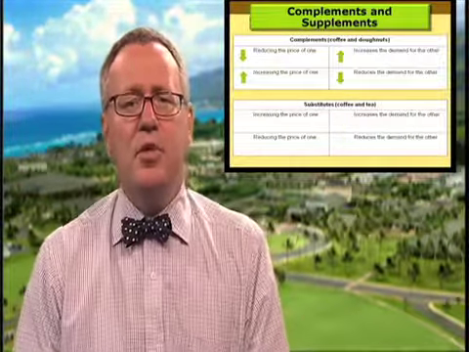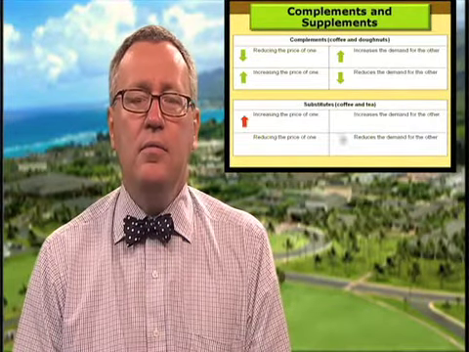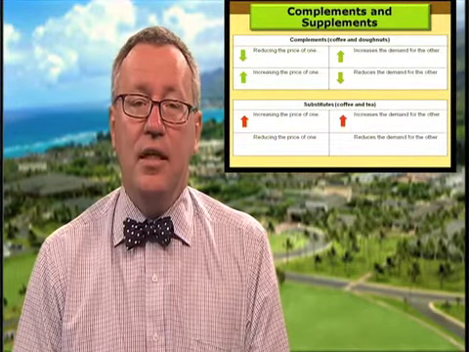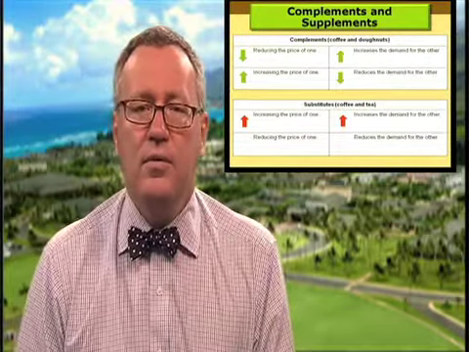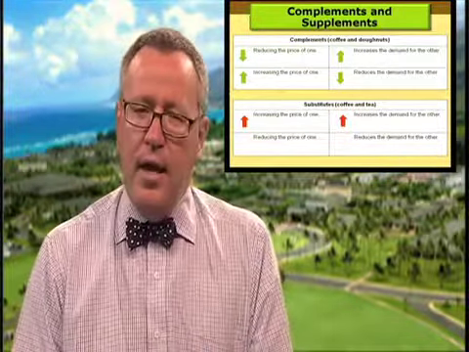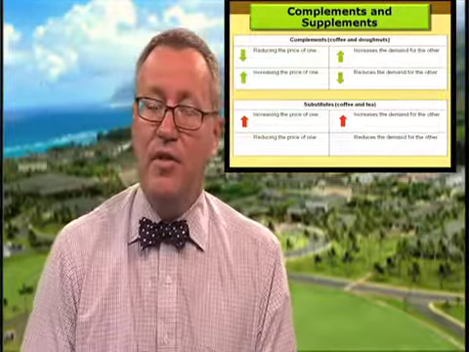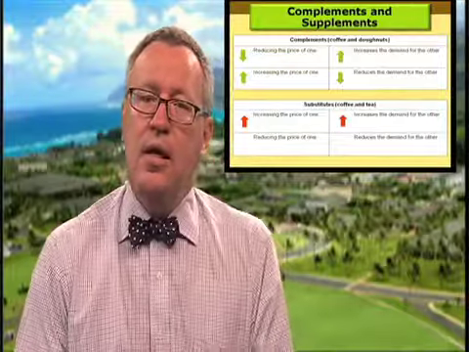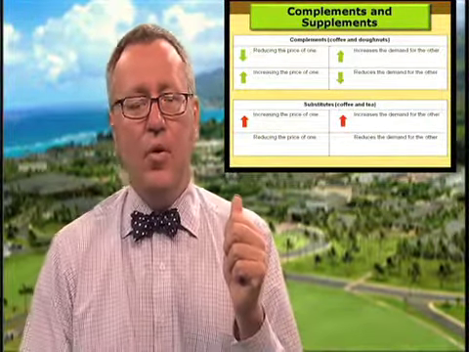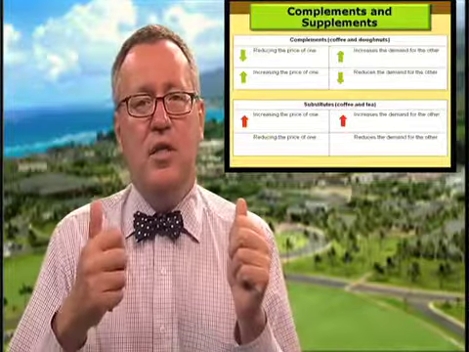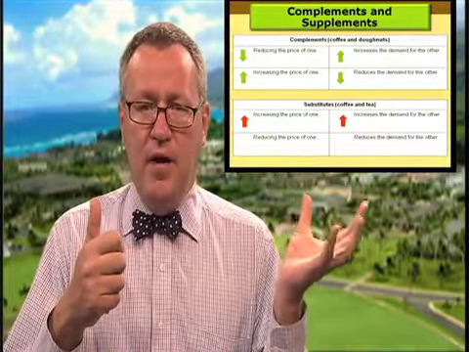So let's talk about substitutes. Increasing the price of one, coffee or tea, causes an increase in the demand for the other one. Now think through that. If these are substitutes, I don't drink coffee and tea, I drink coffee or tea. So if I increase the price of coffee, I'm going to end up increasing the demand for tea. Why? Because I'm not going to buy more coffee.